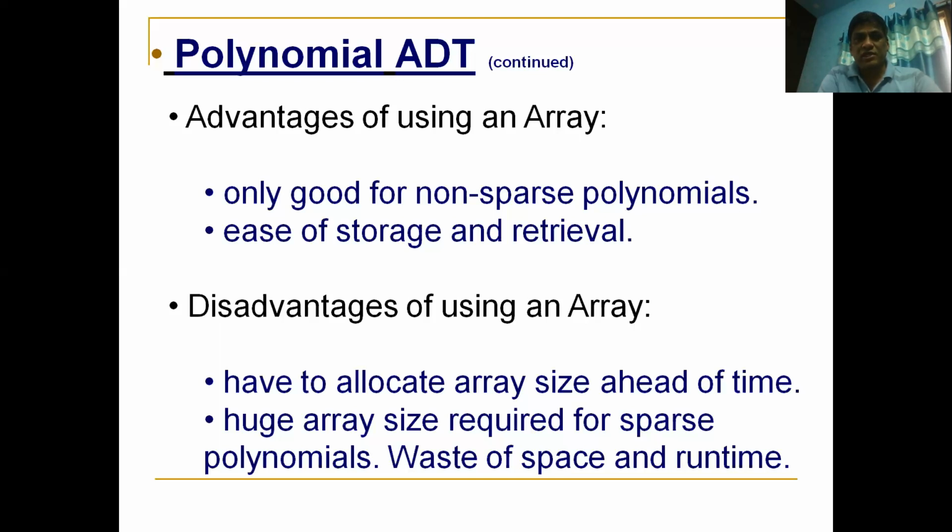So if it is a sparse polynomial, then array representation will be inefficient. So there will be a lot of wastage in memory. So array representation will be useful only for non-sparse polynomials. That means if a polynomial has every term that is possible from the highest exponent to the least exponent 0, then array representation will be useful. Otherwise, for sparse polynomials, array representation will be inefficient because of wastage of memory.